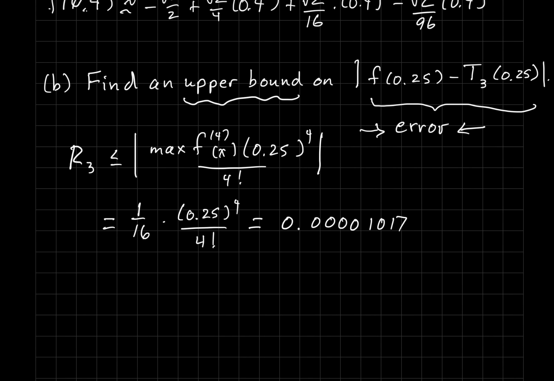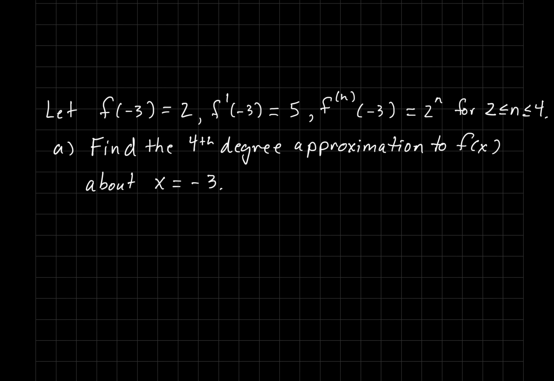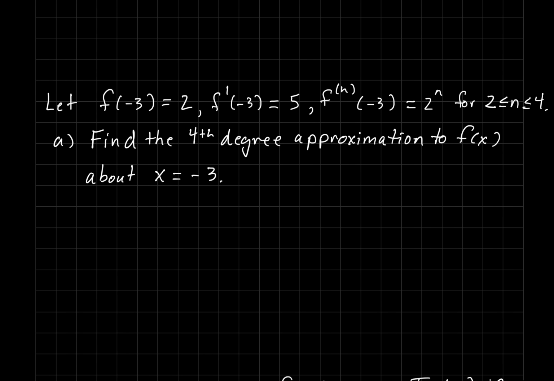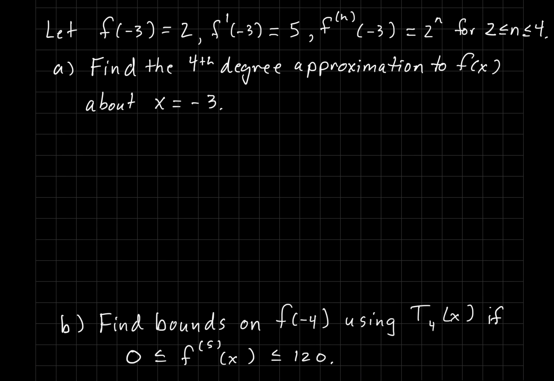Let's take a look at a numeric example. Suppose that f of negative 3 is 2, f prime of negative 3 is 5, and then the nth derivative at negative 3 is 2 to the n for n between 2 and 4. Let's find the fourth degree approximation to f about x equals negative 3.